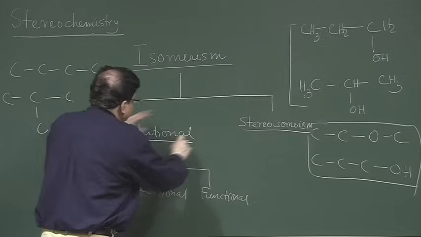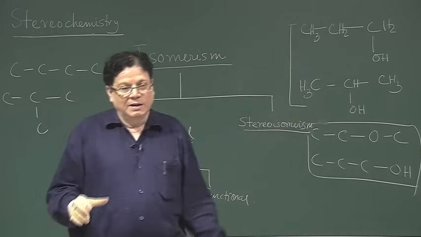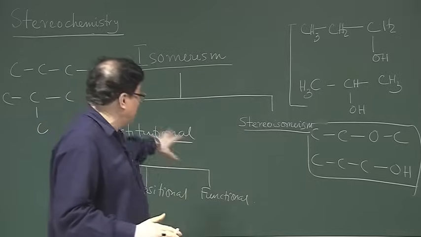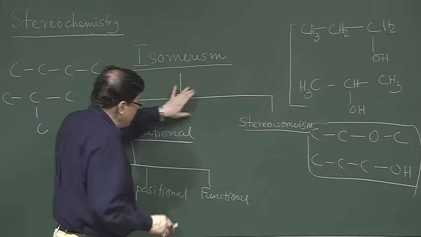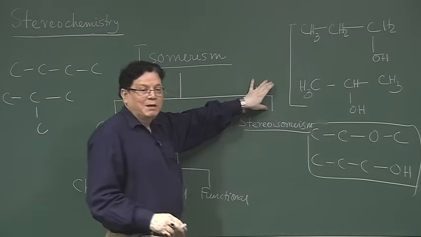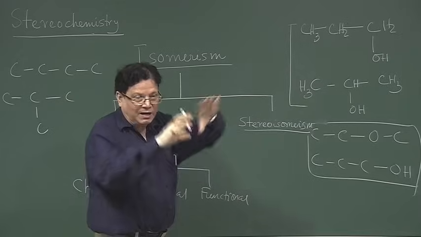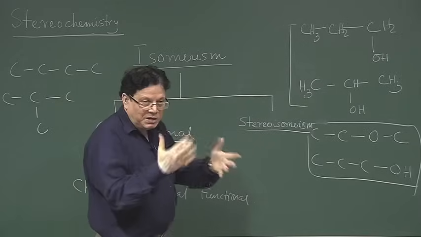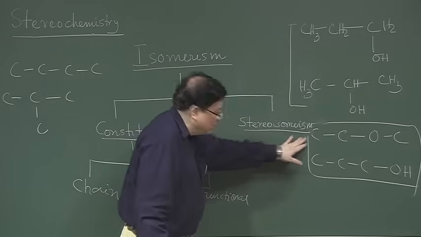So, if the constitution is different, that means atom connectivity is different, then they fall into the class of constitutional isomerism. If the connectivity is same, but the molecules are still different, like tartaric acid as I showed, where the connectivities are all same, but you have 3 different types of tartaric acid. So, then the concept of stereoisomerism comes.